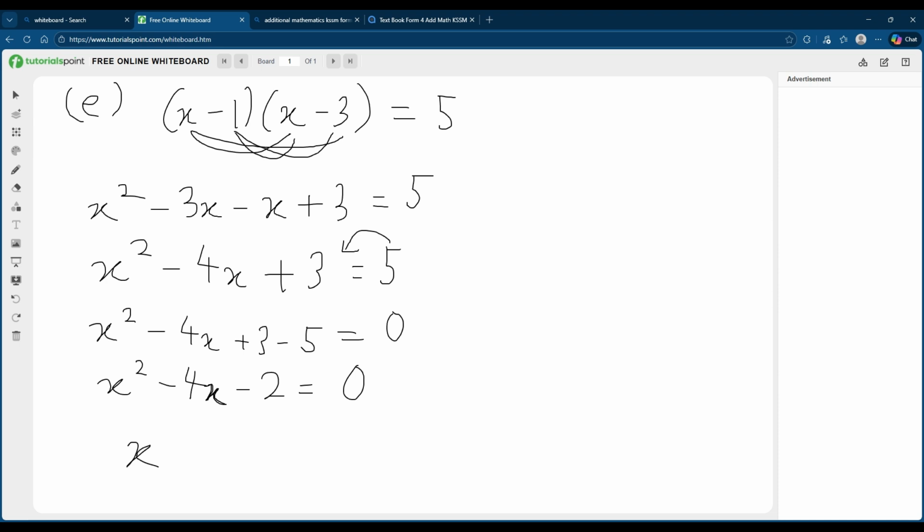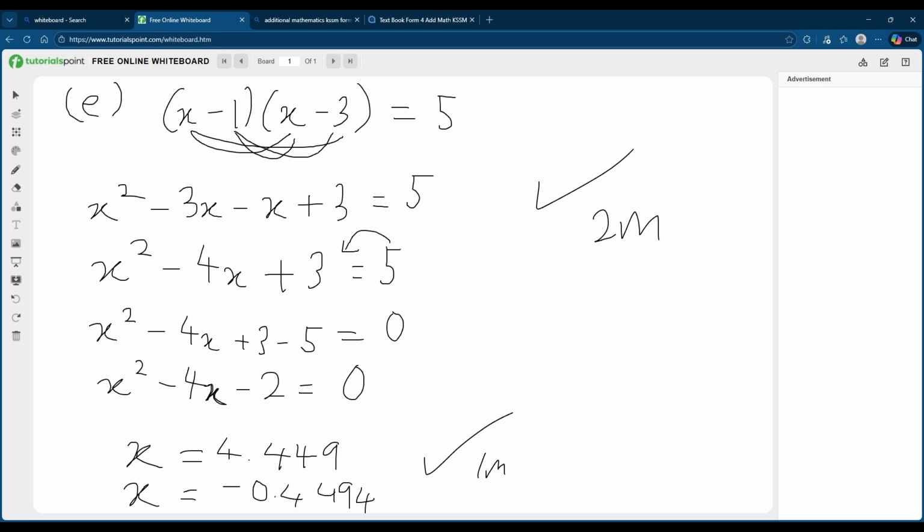But here my final answer is x equals to 4.4494, and x equals to negative 0.4494. For this type of question it is still 2 marks: one for the formula and one for the final answer.